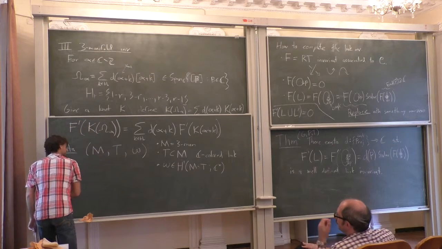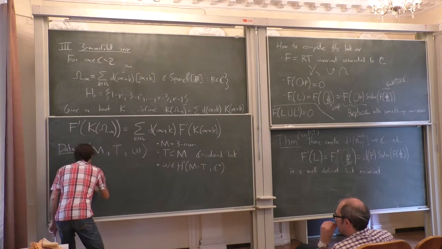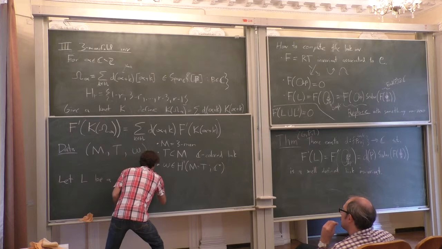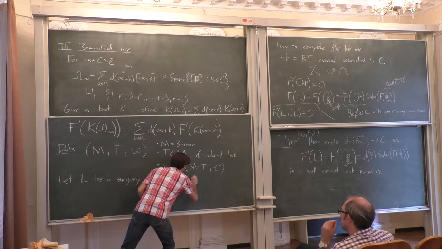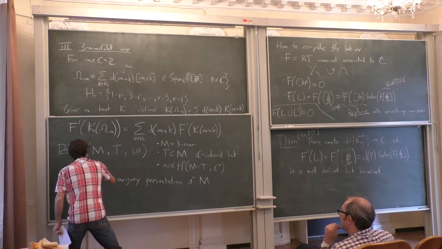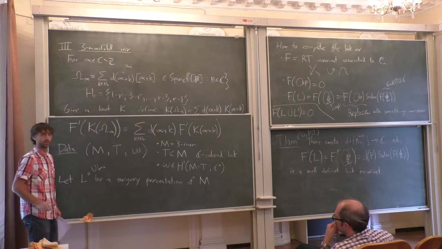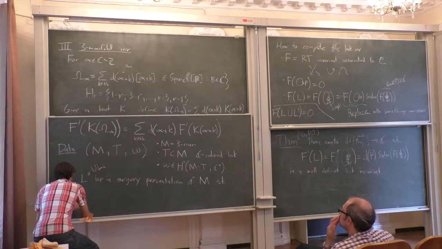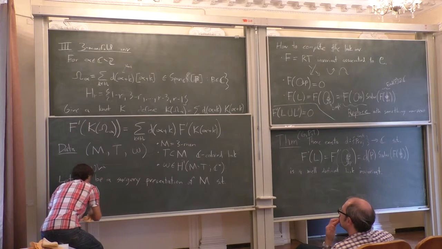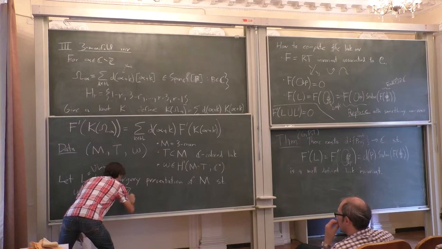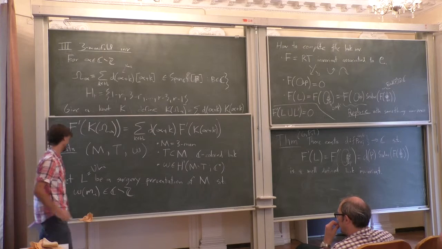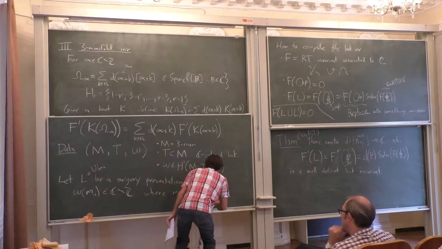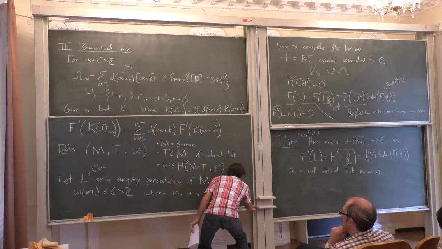So let's say that L is a surgery presentation of M. I guess I'll say this is the union over Li, so these are the different components of that surgery presentation, such that W of Mi is not an integer, where Mi is a meridian of Li.